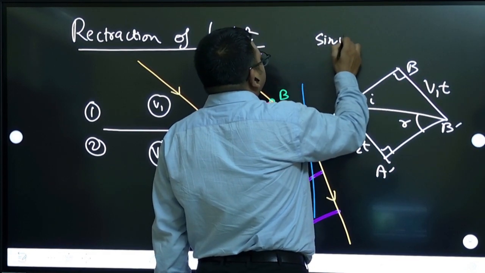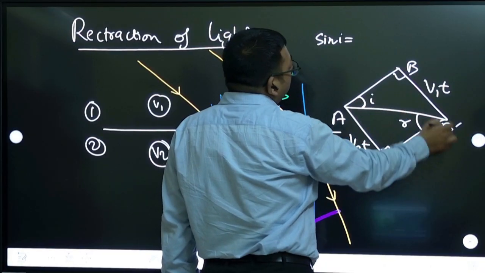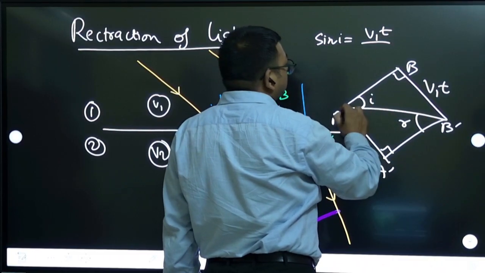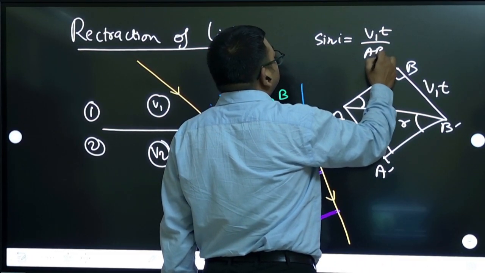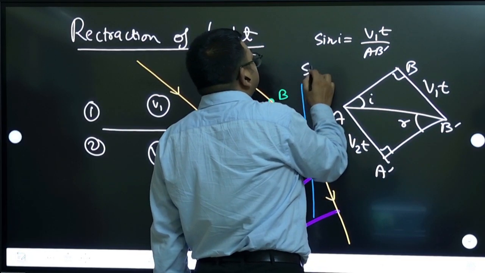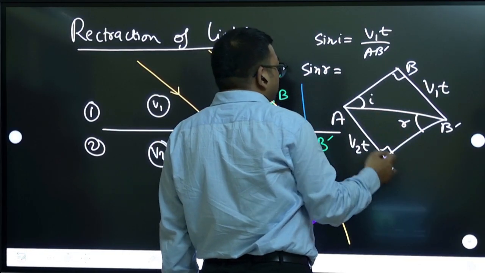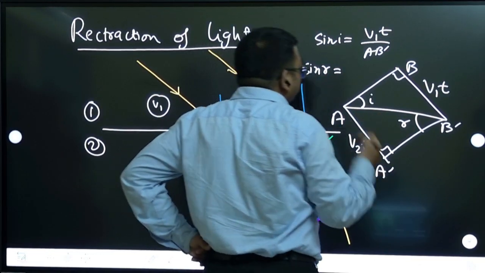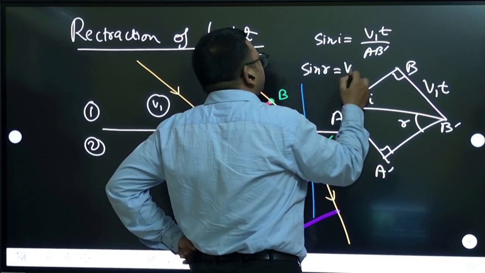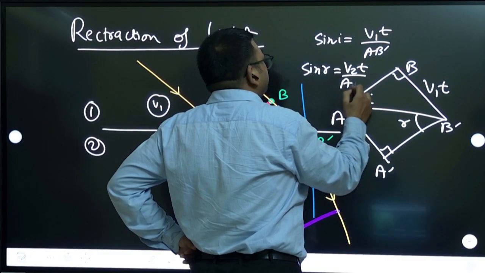Sine I is perpendicular by hypotenuse, which is v1 t divided by the hypotenuse AB dash. Similarly, sine r in this triangle is the perpendicular v2 t by the same hypotenuse AB dash.